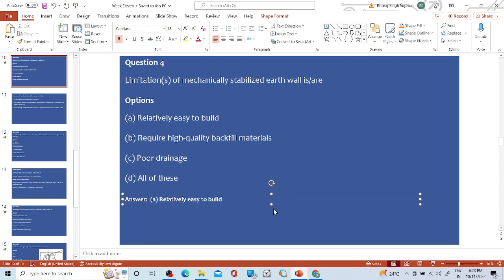So I guess the correct answer will be requiring high quality backfill materials.